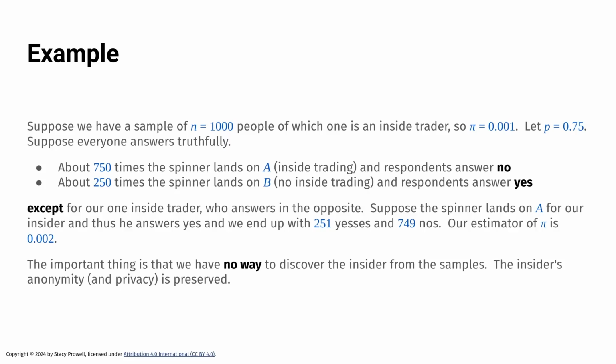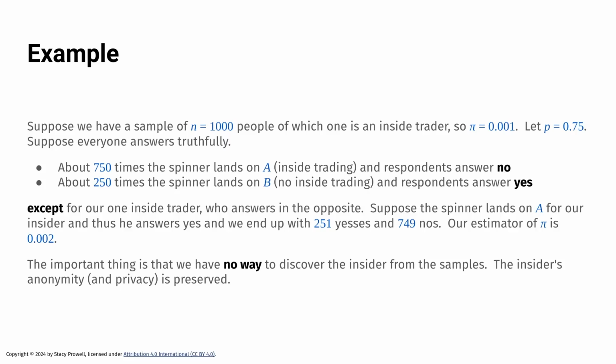Most respondents will answer no when it lands on A, and most will answer yes when it lands on B, except for our inside trader. They will do the opposite. They're going to answer yes when it's on A and no when it's on B. And so that's going to skew our results just a little bit, potentially.